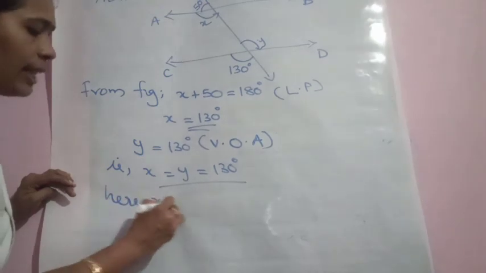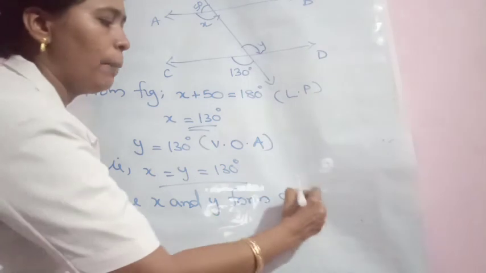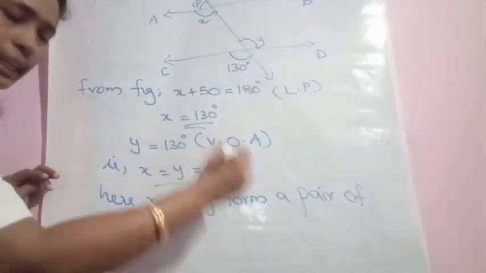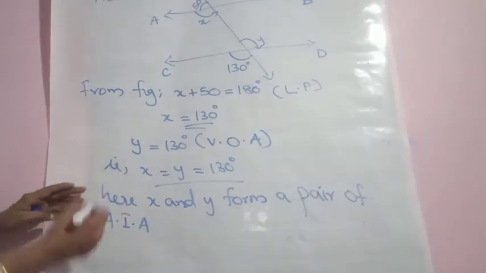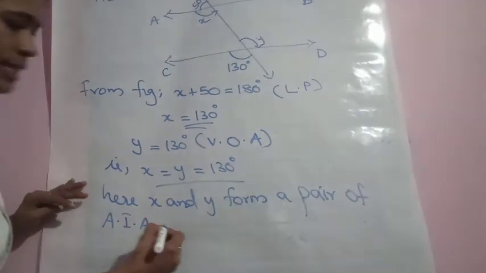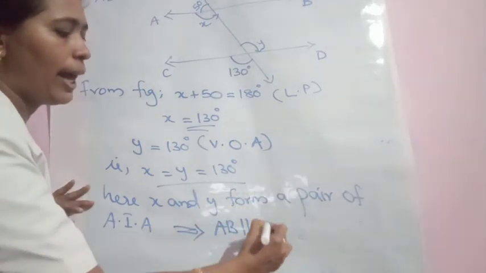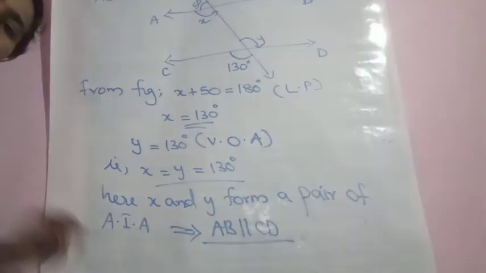Here x and y form a pair of alternate interior angles, instead of writing which the teacher is using AIA. A pair of alternate interior angles implies AB is parallel to CD. The lines are parallel to each other.